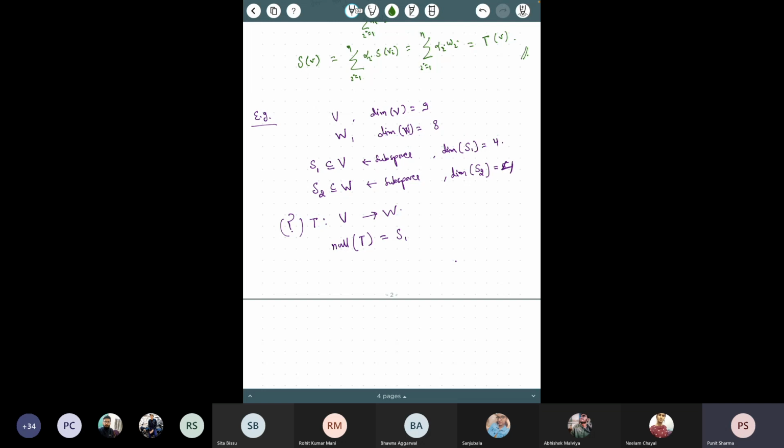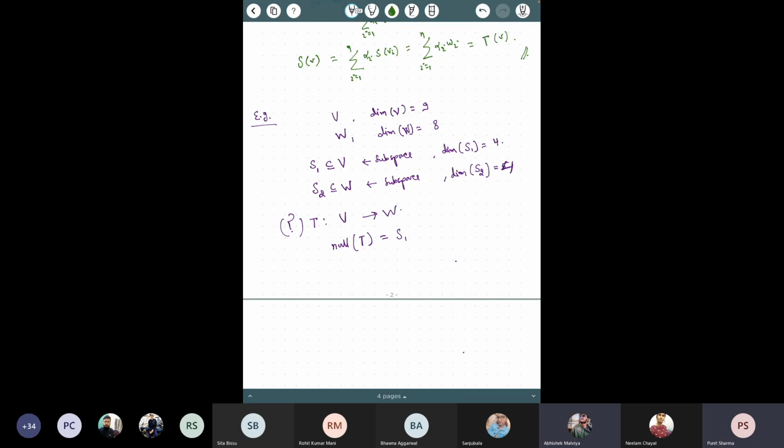Not very clear. So you'll tell me how you will define this. You are saying that there are 9 vectors in the basis. So any 4 vectors you can assign to the null space of T. So I know you have some idea, but it is not clear.